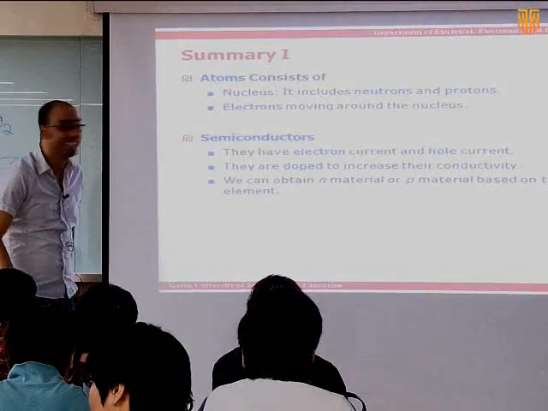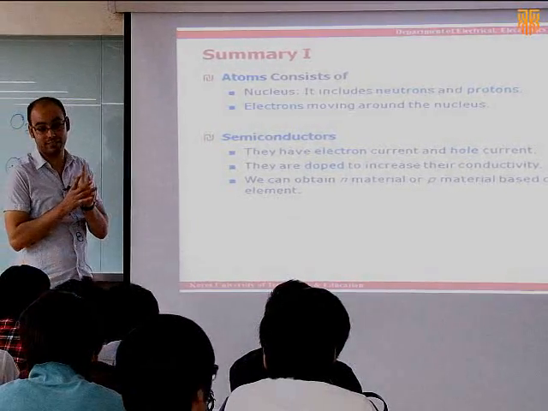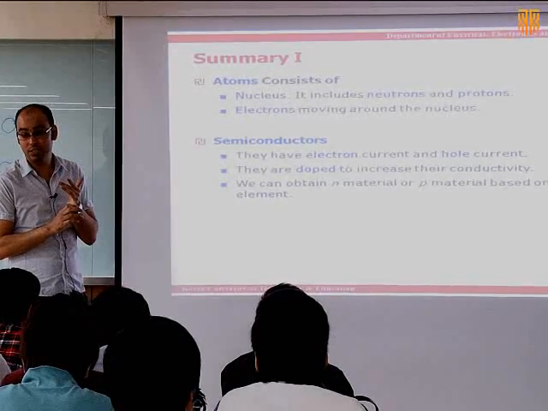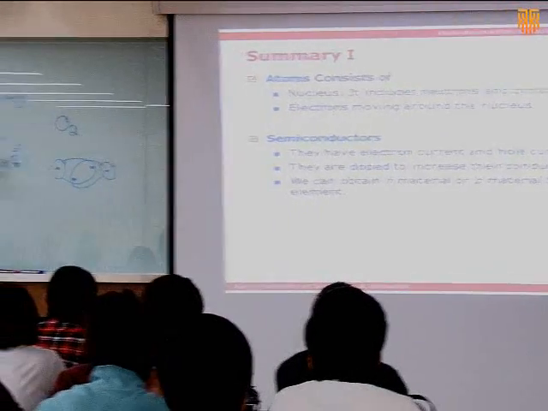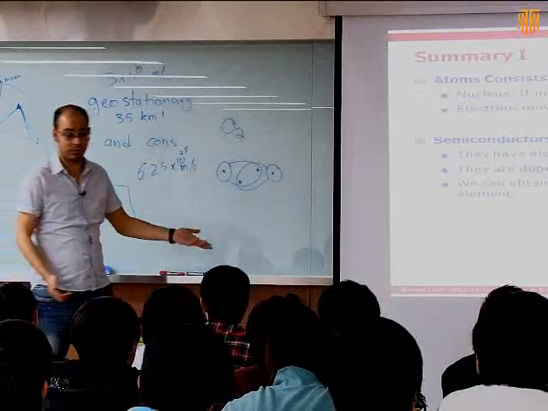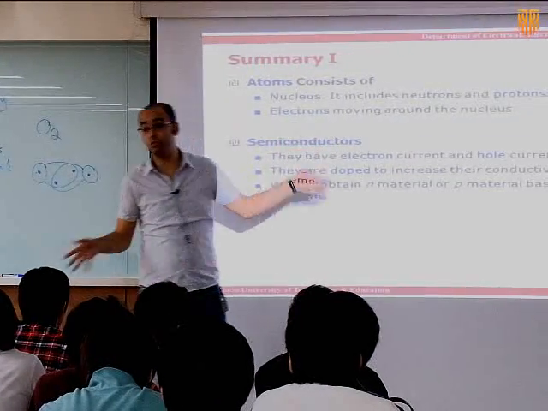So the atom has three things, right? The first thing is the proton, which is positive. Pros and cons, this is an expression in English, with or against. And neutrons, which are neutral.